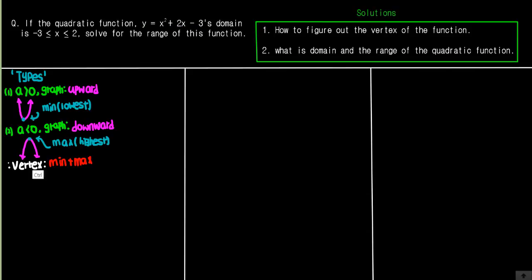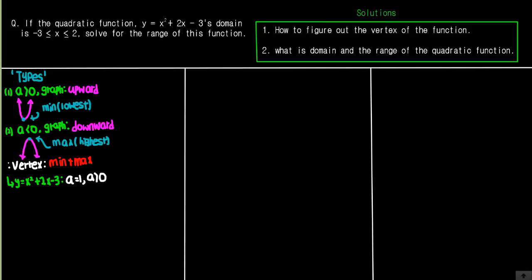minus 3. So since we know our leading coefficient, if you write our quadratic function down, which is y is equal to x squared plus 2x minus 3, our a value is equal to 1, which means our a value is positive.